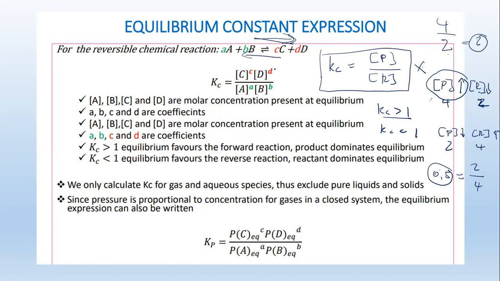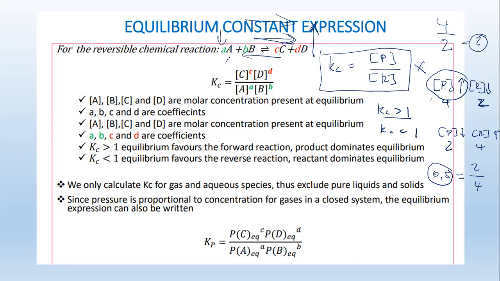So each and every time your equilibrium will shift to the side with high concentration. If the products have high concentration over the reactants, say the reactants have low concentration and the products have high concentration, equilibrium will always shift to the higher side. So in this case, equilibrium will shift to the right, or shift forward, or be favored forward.